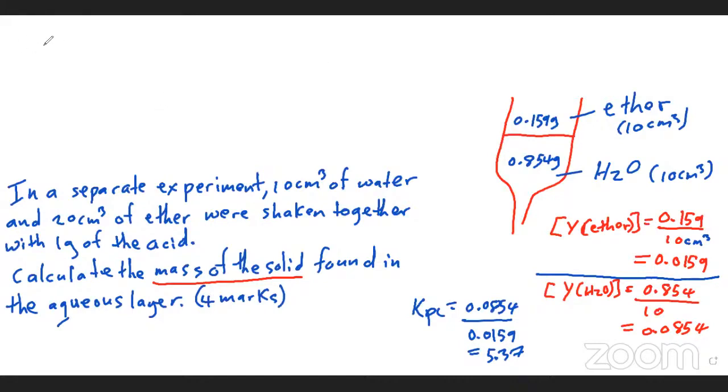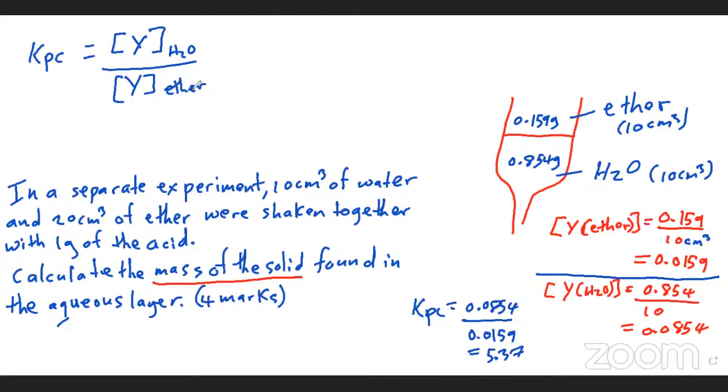Remember we said that this would be equal to the concentration of the acid. I'm just calling it Y, so I don't have to write out the entire word. So it is Y in water divided by Y in ether.